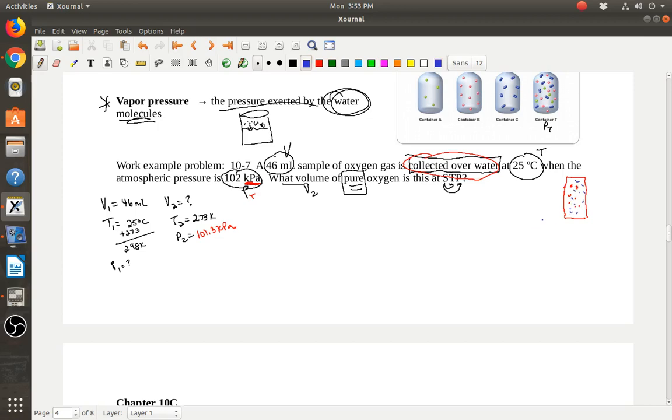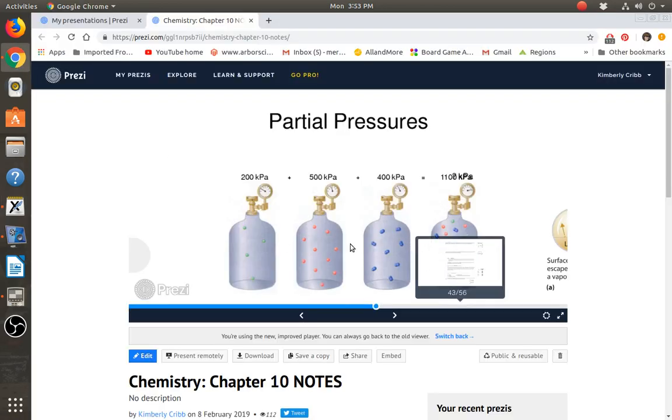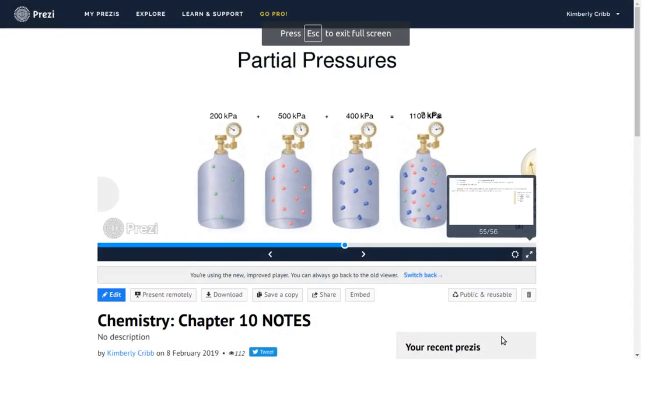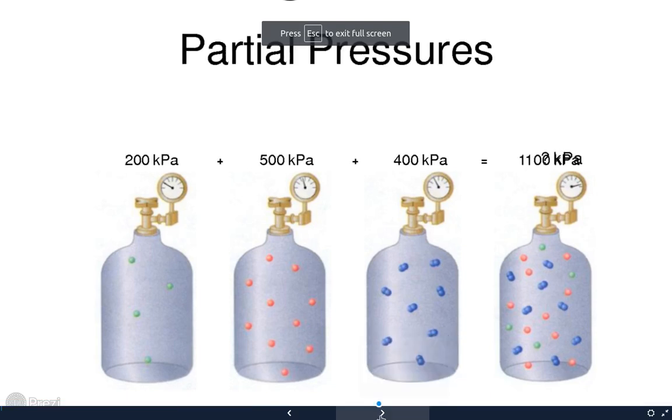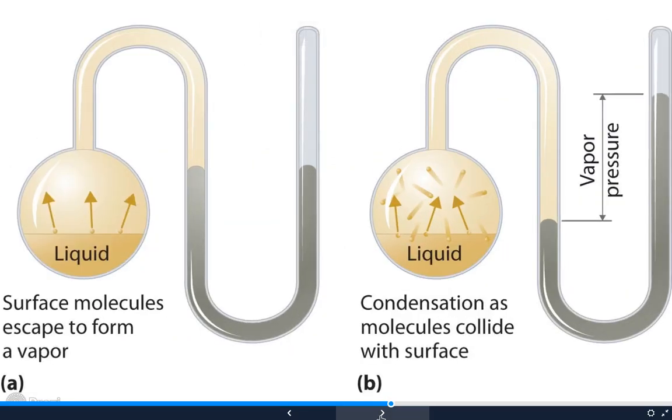And we need to subtract out the water to know the pressure of the pure oxygen gas. Well, why is that necessary? Let's look at some pictures from the Prezi. Here's the one with the pressures again. Okay? And this is just showing you, this is actually called a U-tube, how you measure vapor pressure.